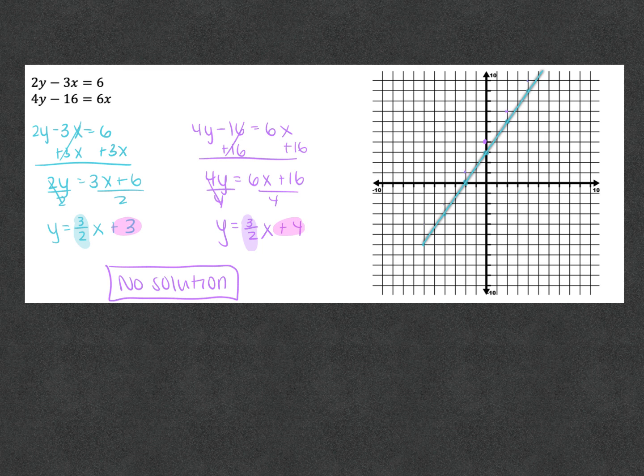Looks like that. Okay, so those two lines are right next to each other, parallel lines, but they're never going to touch, so no solution.